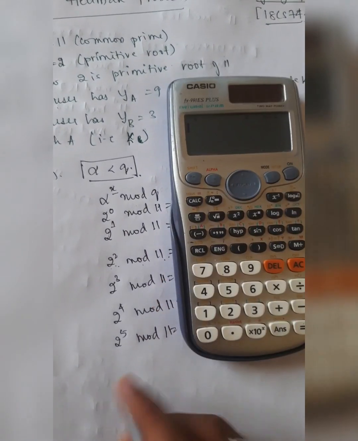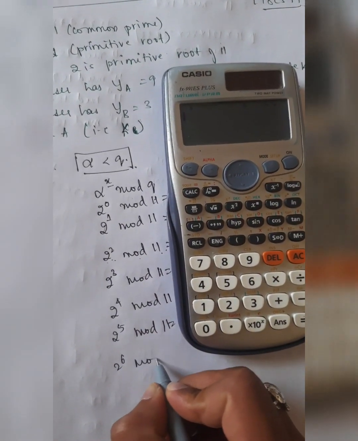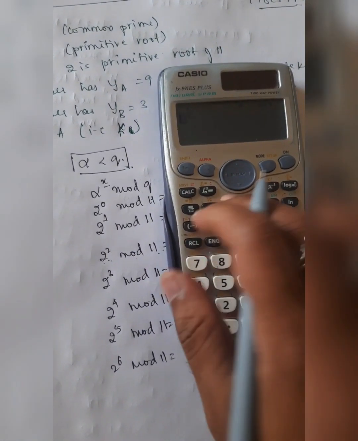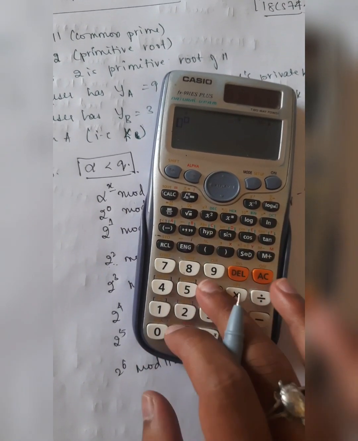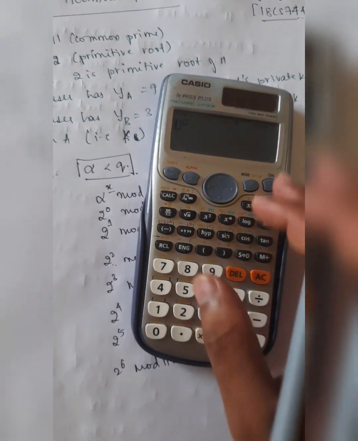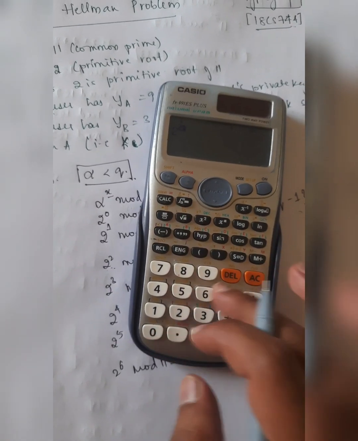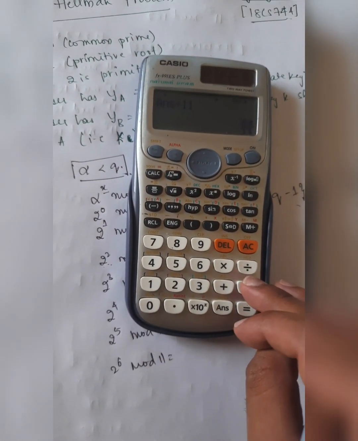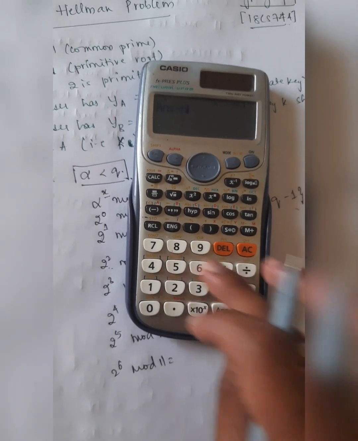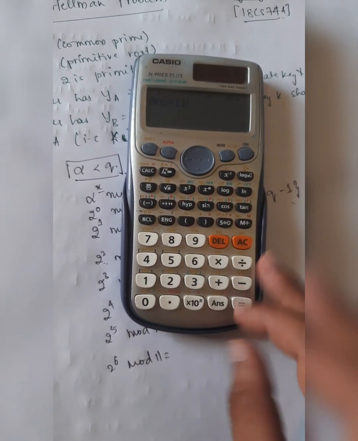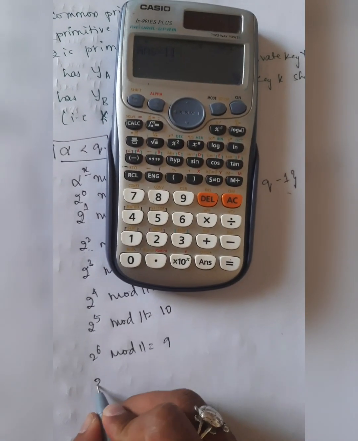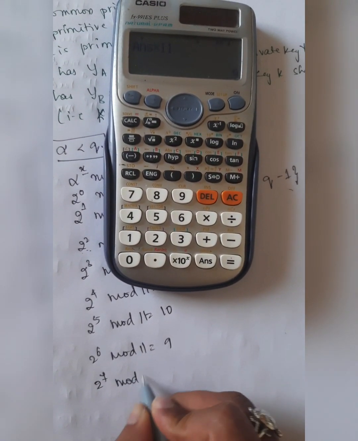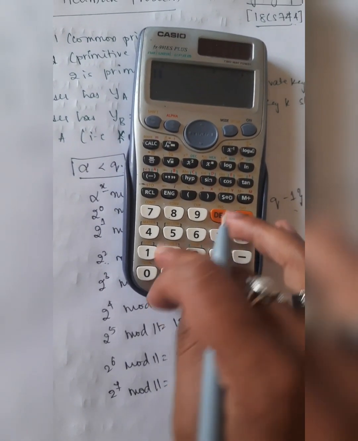Then 2 power 6 modulo of 11: 2 power 6 is 64, divided by 11, minus 5 into 11, we are getting 9.